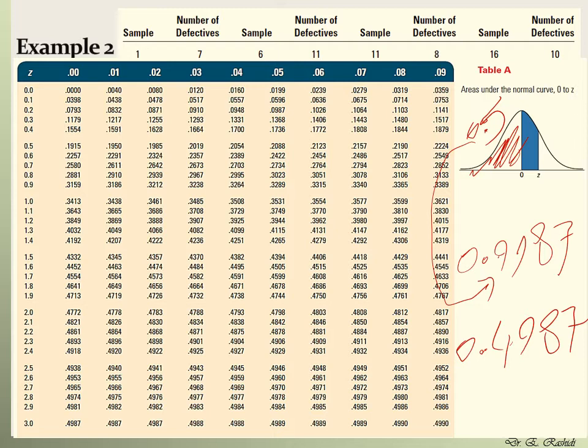So let's look for it. It's going to be here. And that corresponds to Z equal to 3. So Z is 3. So now we know Z. Let's go ahead with the rest of the formula.